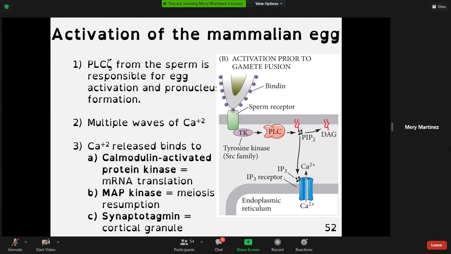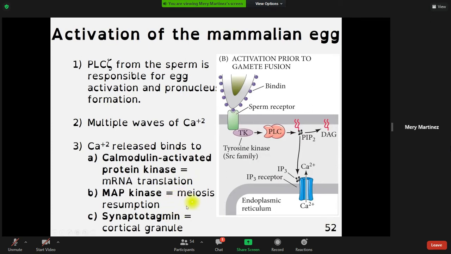So calcium released by inositol triphosphate, the IP3, the one that we have here, binds in this case to calmodulin-activated protein kinase, which eliminates the inhibitors of RNA translation, and it also activates the mitogen-activated protein kinase, the MAP kinase that we have seen before. So we can have meiosis resumption, okay?